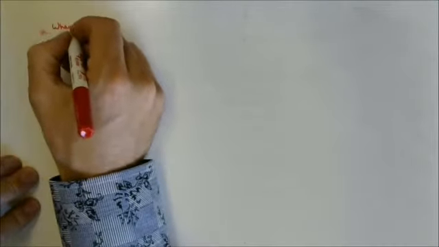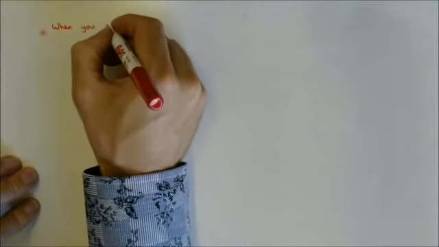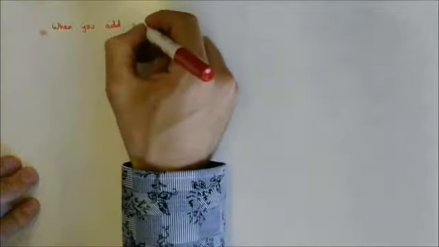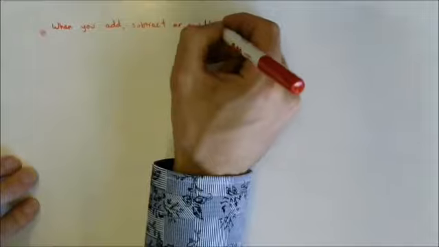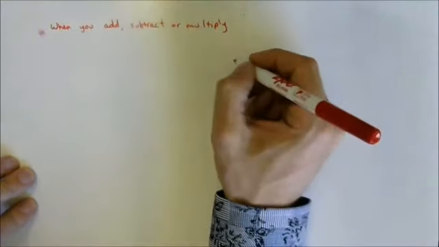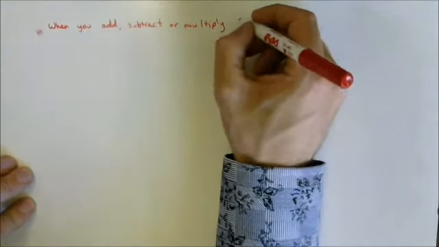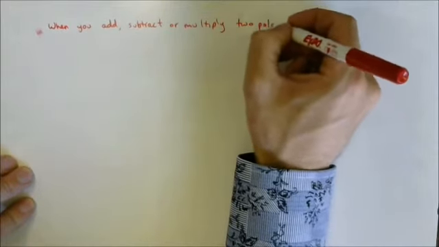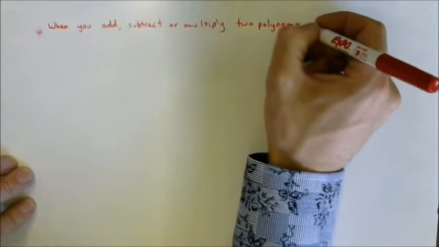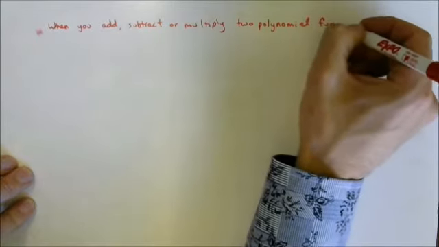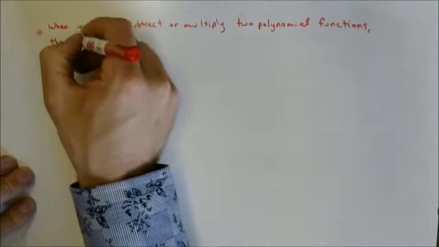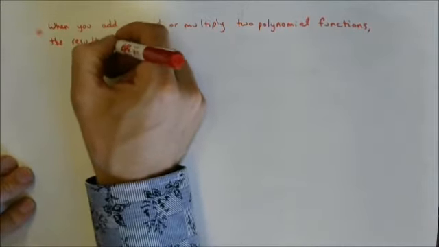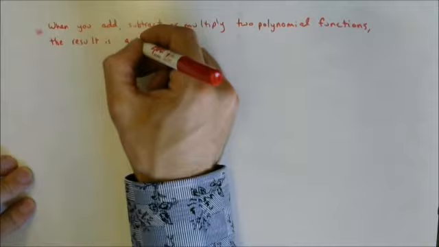When you add, subtract, or multiply two polynomial functions, the result is another polynomial function.